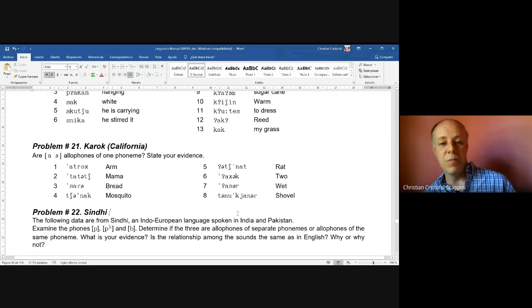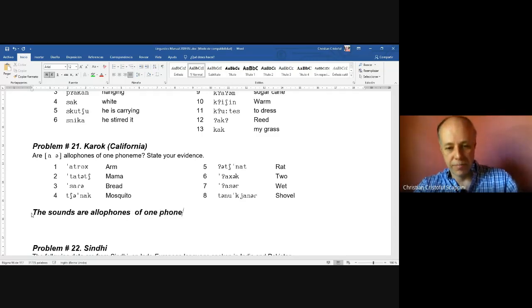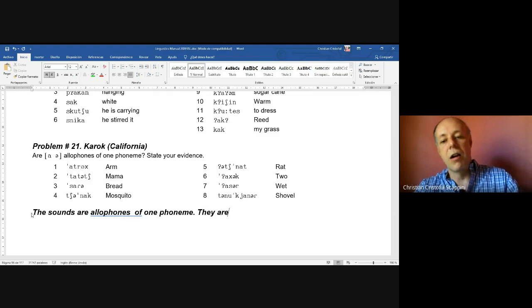Which means then, what should you write? The sounds are allophones of one phoneme. Evidence: they are in complementary distribution. How do I show that?